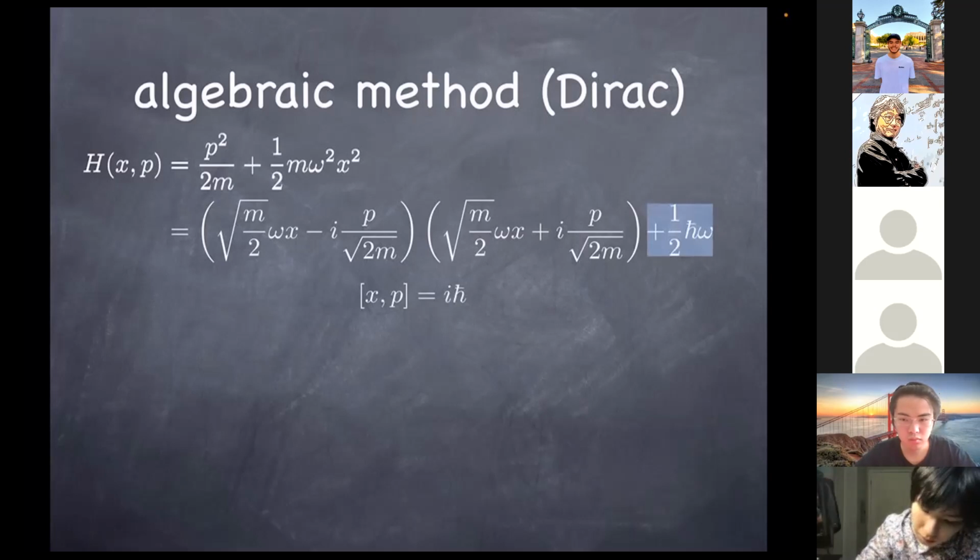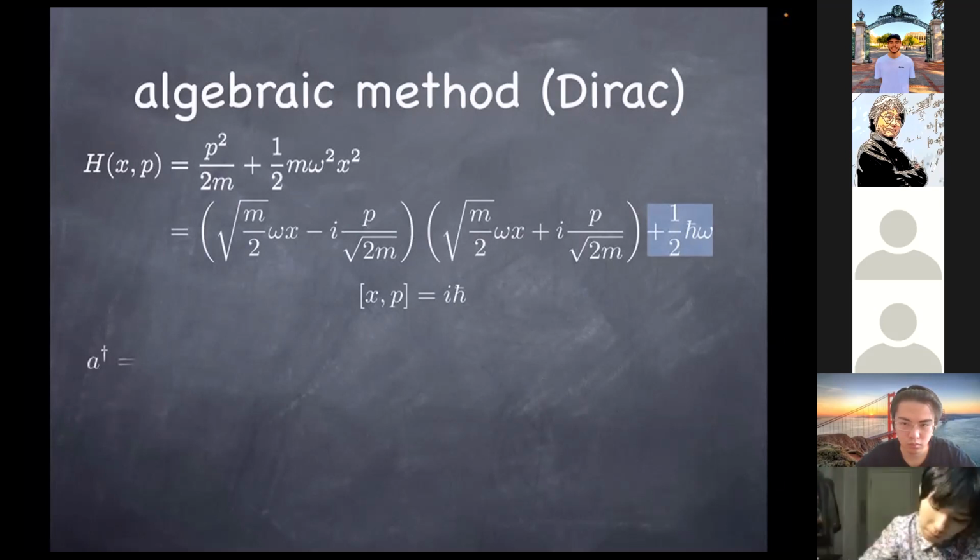Because x and p don't commute anymore, when you do this rewriting, you have to make sure that p and x are operators. And to reproduce the original expression of p squared plus x squared, you have to actually add in this half h bar omega to make sure that the expression on the second line is exactly the same as the expression on the first line.